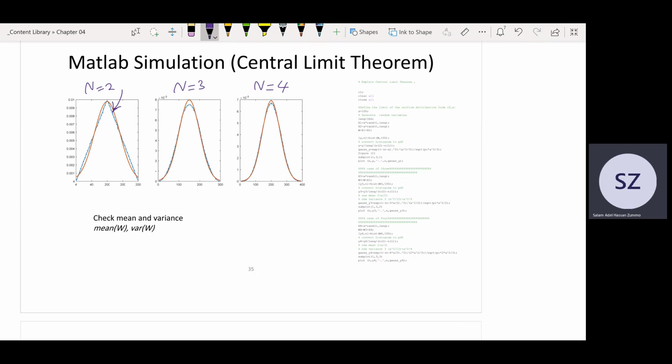The blue one is the convolution, the real convolution. When you convolve uniform with uniform, 3 uniforms for 2 convolutions, 4 uniforms, 3 convolutions. You can see how close the red one, which is the Gaussian, is to the blue one, which is the convolution.